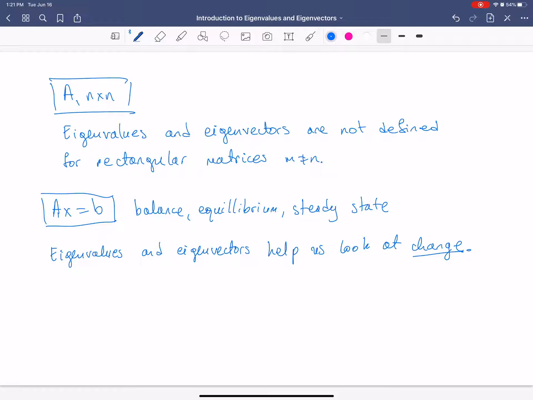So what is change? For those of you who've taken calculus, you've seen change in the form of differentials, or difference equations. And it is absolutely true that differentials can be approximated using matrices.